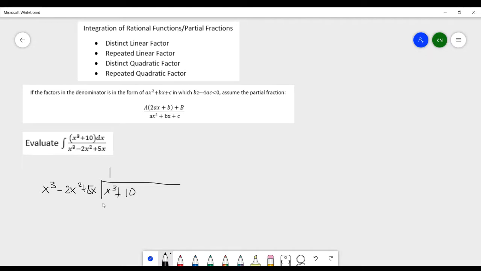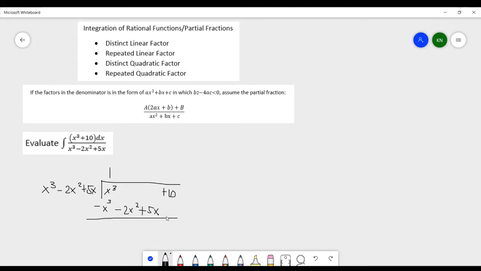And 1 times x cubed is x cubed, 1 times negative 2x squared is negative 2x squared, and 1 times 5x is positive 5x. Now I need to move this plus 10 to the further side, since this is a constant number.